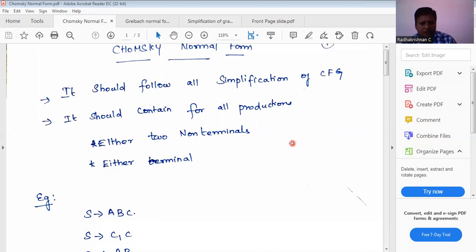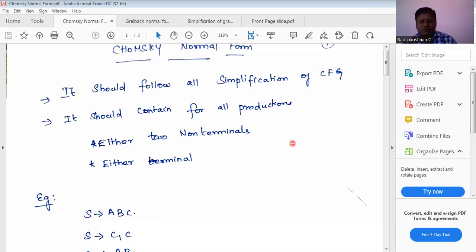Before applying the normal form to the given grammar, it should follow all the simplification of CFG techniques. So the given grammar should be in simplified form. Otherwise, we need to eliminate things. How will it be eliminated? There is a possibility that three kinds of production rules are available: epsilon, unit production, or useless symbols.